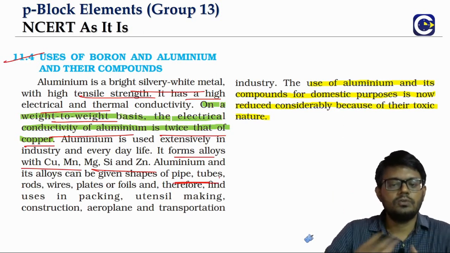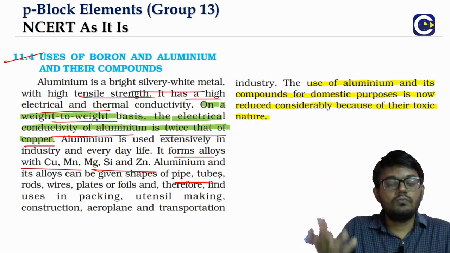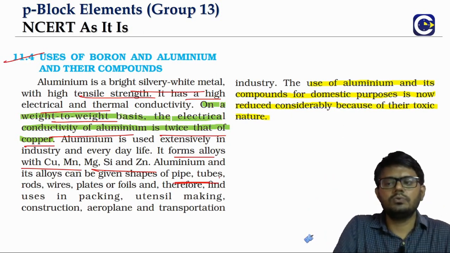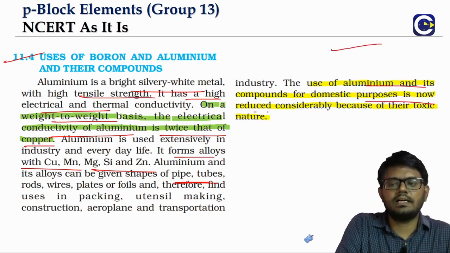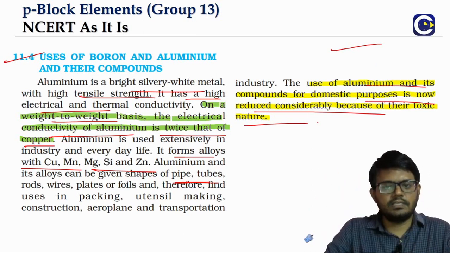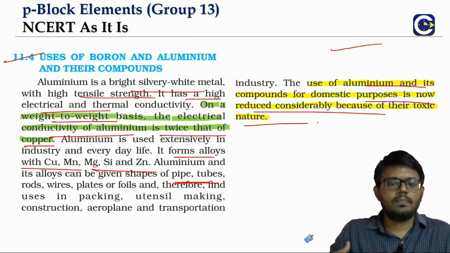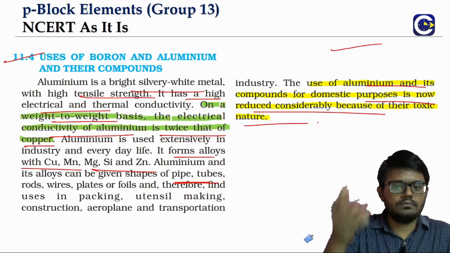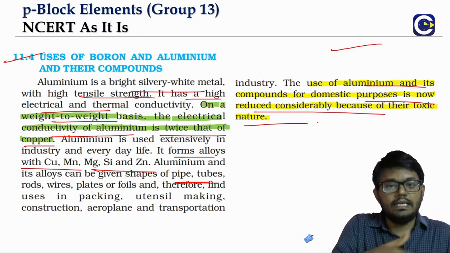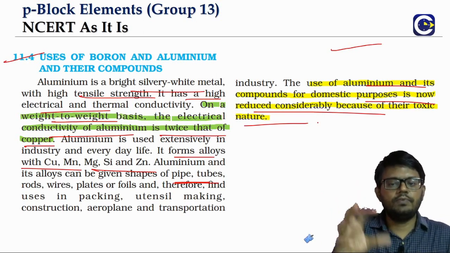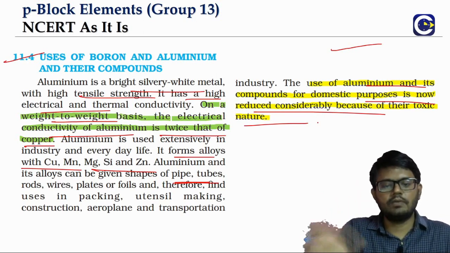Aluminum foils were used for packaging food, but nowadays we are not using them because of the toxic nature aluminum can have due to environmental stagnation. Ten years before, food had aluminum foil covering, but nowadays you don't see that.